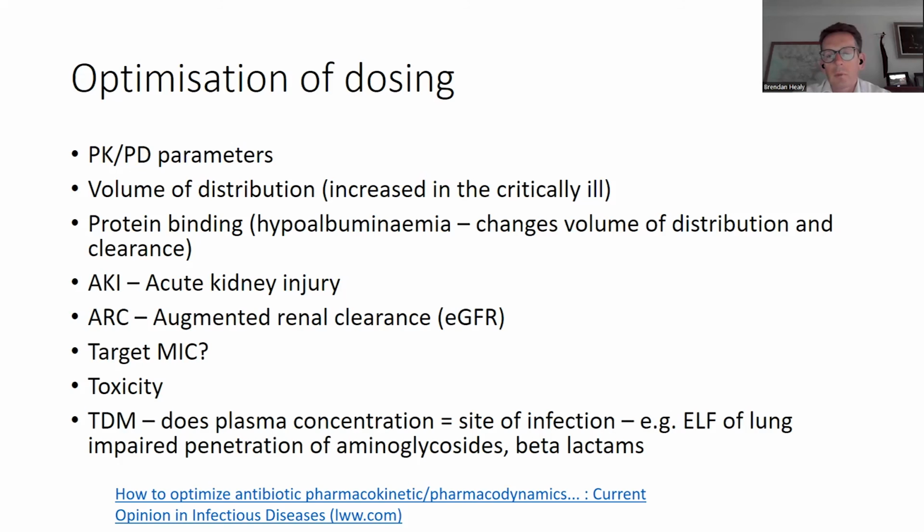We don't have a good way of measuring augmented renal clearance. So we know it's a thing, but we don't know if it's happening in this patient or that patient. We don't have any better way of managing acute kidney injury than the EGFR. So again, we know it's happening, but we're not able to specifically measure it in that individual patient. The volume of distribution, we're not able to measure. The target MIC we don't have available.